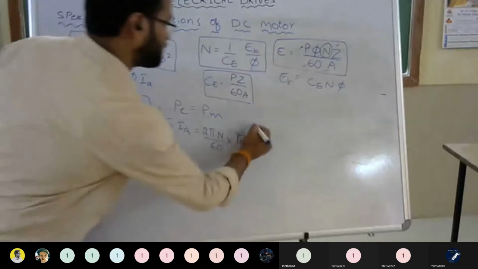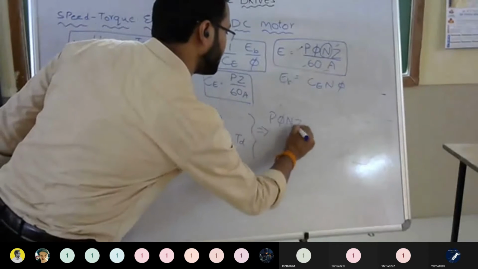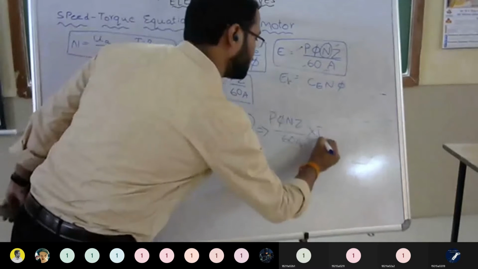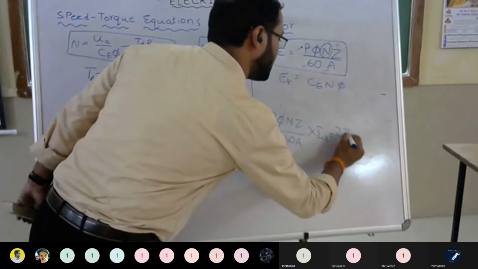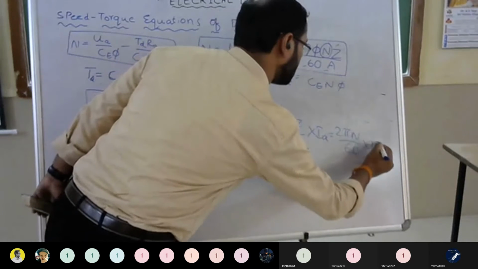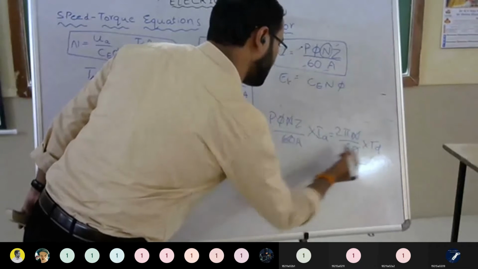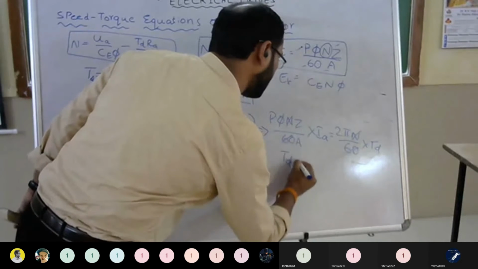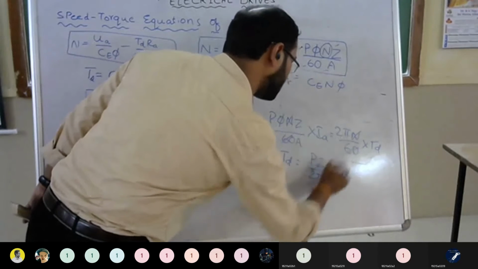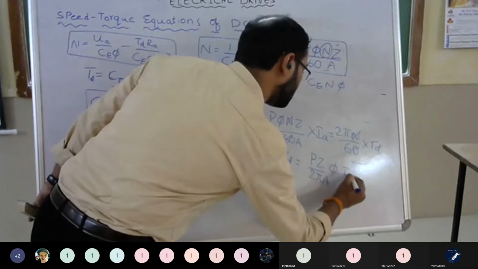If you replace EB, P5NZ by 60A into IA is equal to 2 pi N by 60 into TD. 60 cancels, N cancels. So TD is equal to PZ by 2 pi into A, into 5 into IA.